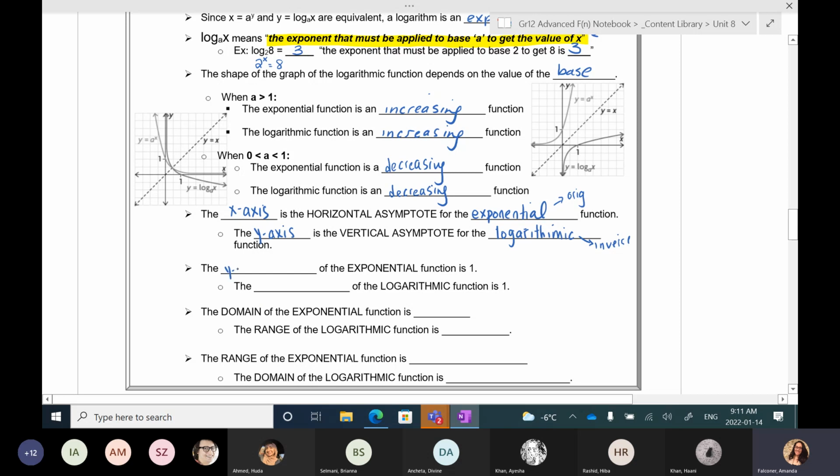The y-intercept of the exponential function is 1. The x-intercept of the logarithmic function is 1, because those two switch.